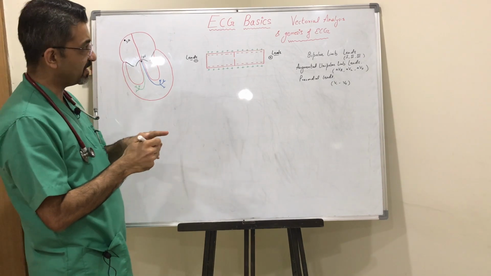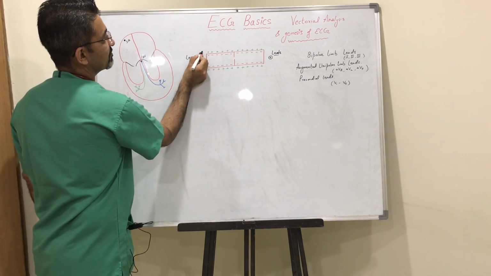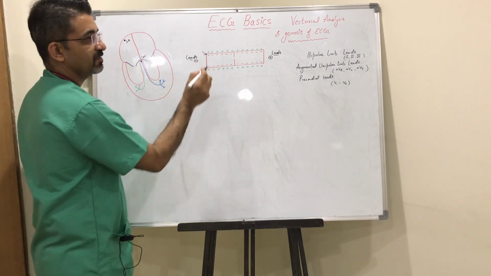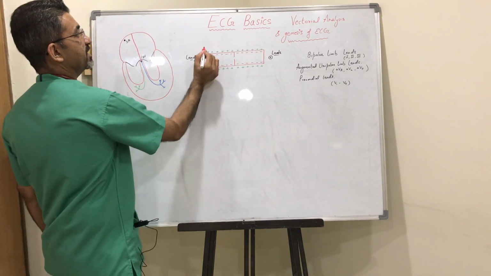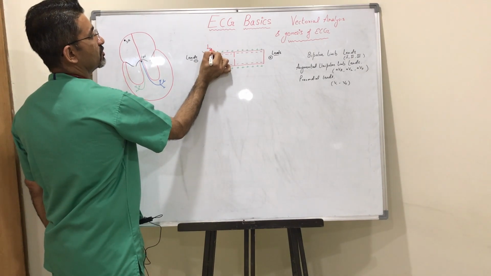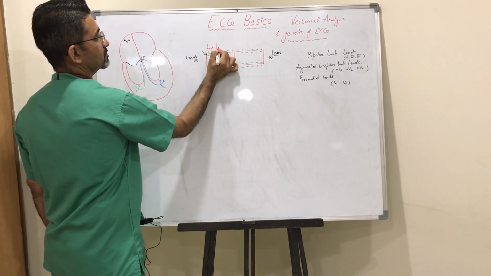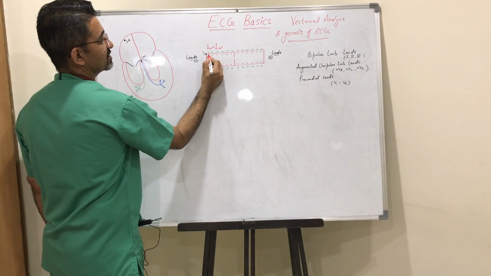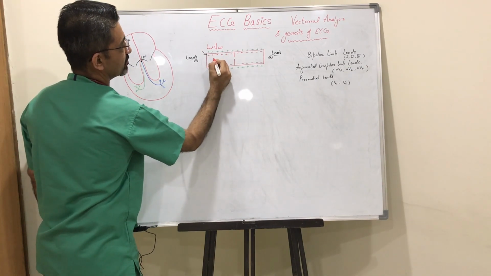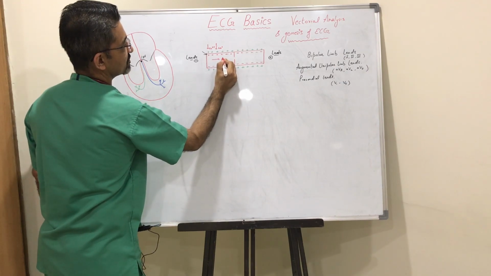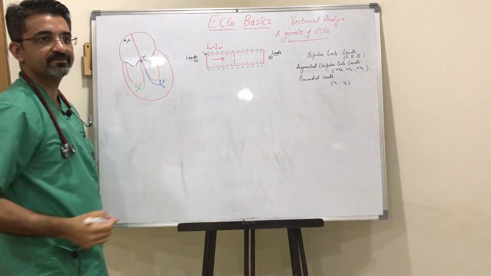Now just imagine that I stimulate this cell from here. So what will happen is, suddenly there will be flow of calcium and sodium from outside. So the cells will start becoming positive, positive, positive, positive like this, and there will be net movement of positive charge from left to right.